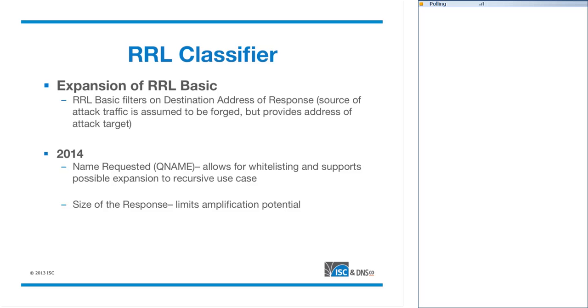One of the things that also comes to my mind with blacklisting is that part of what RRL is trying to prevent is that you have a victim IP, and most likely that victim IP is being spoofed. So if I then create a blacklist, once that attack stops happening, the victim still can't reach my name server to ask a question. It's the ACL problem.